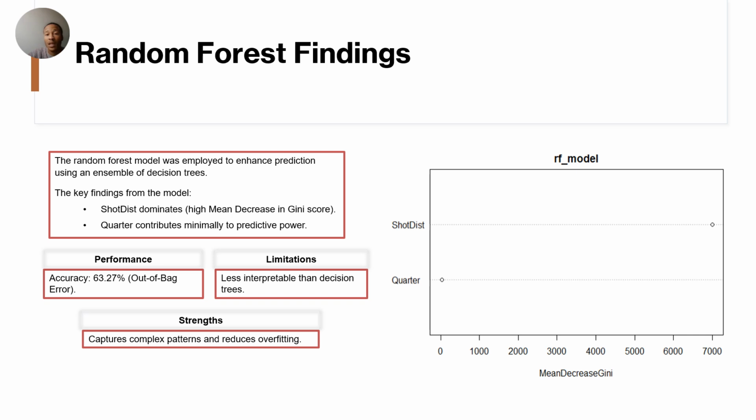However, the interpretability of random forests is lower compared to decision trees, making it harder to directly explain specific predictions. But overall, the random forest model provided a robust and accurate prediction framework, especially for understanding the impact of shot distance on outcomes. So this sets the stage for optimizing strategies in basketball analytics, honestly.